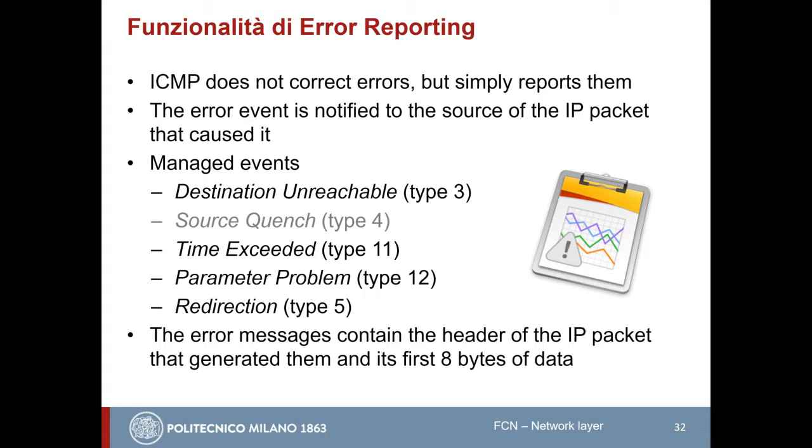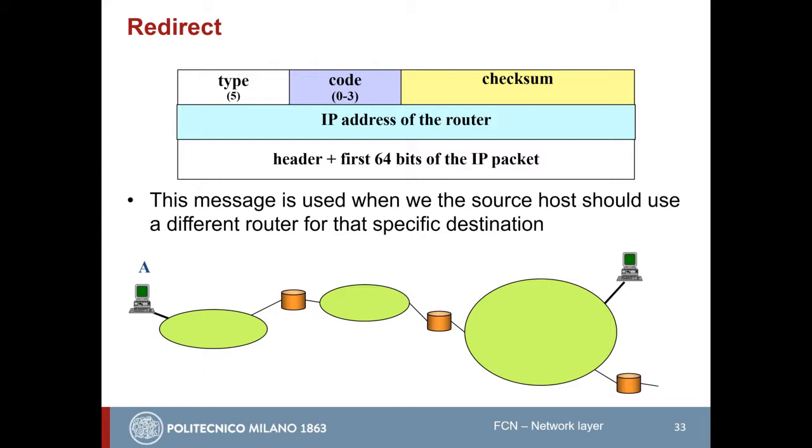So in this case, the interface which receives the notification of the event is able to understand what was the packet that caused this event. And since it's the interface that generated the packet, it is able to correlate the event with a specific packet. So let's look at some examples.